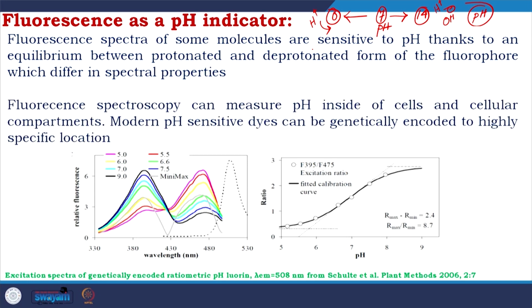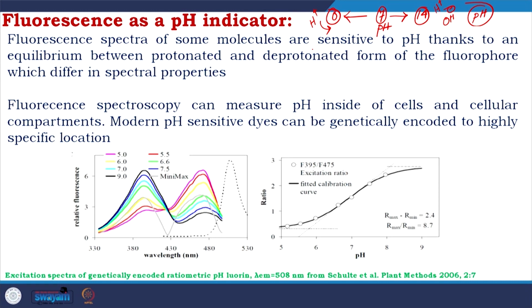Fluorescence spectroscopy can measure pH inside of cells and cellular compartments. Modern pH sensitive dyes can be genetically encoded to highly specific location. Okay. So, if you see here, relative fluorescence is measured with the change of pH.